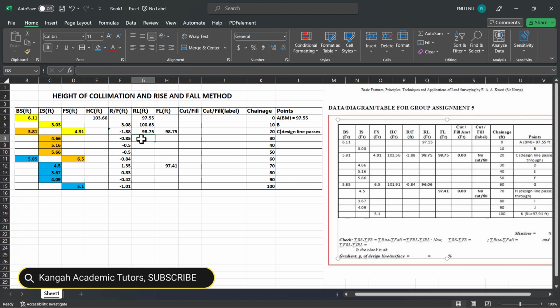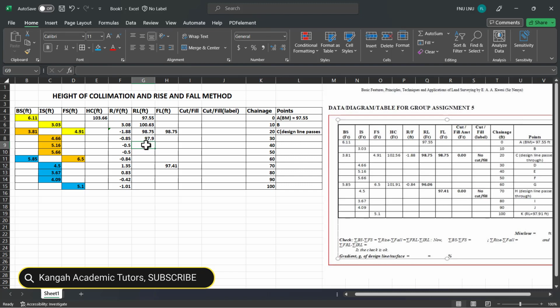Now you're going to compute the reduced level for change 30. We add this one to this: 98.75 plus minus 0.85. This will give me the reduced level for this place.